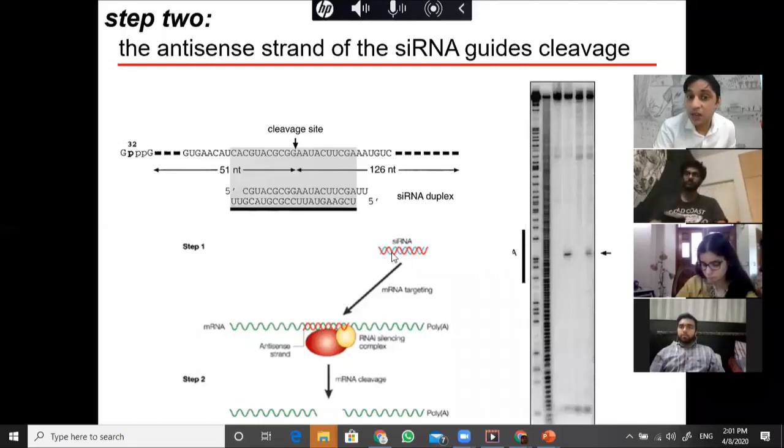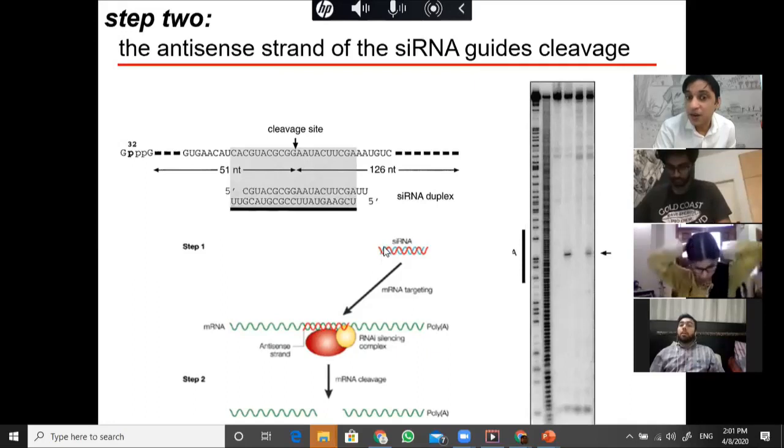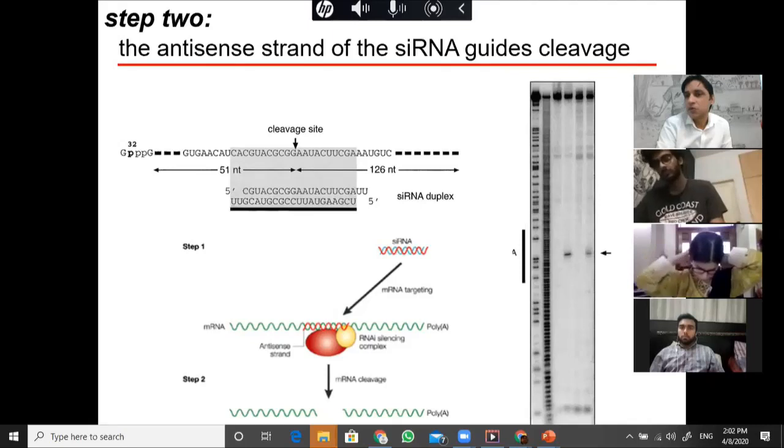You need to design the small interfering RNA in such a way that the red strand should be loaded on the RNAi silencing complex. So eventually the complementation occurs.